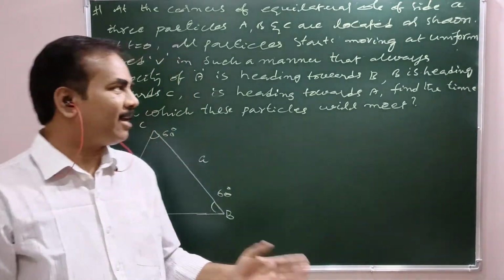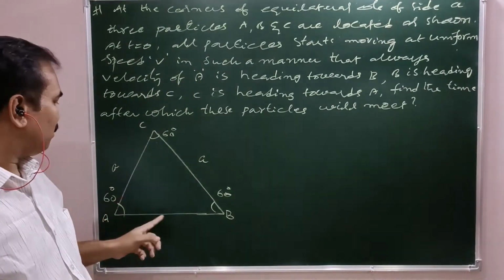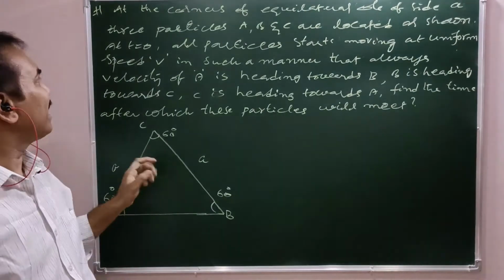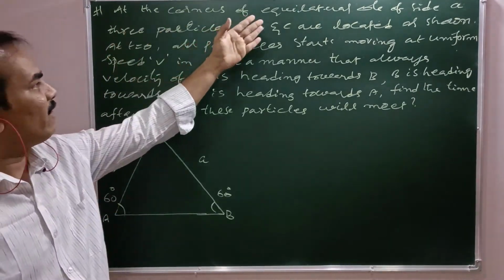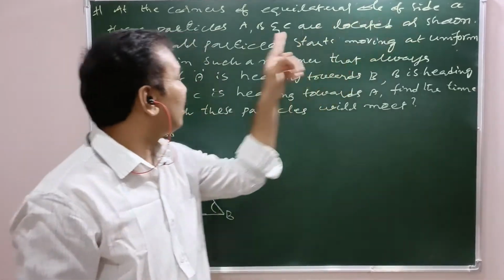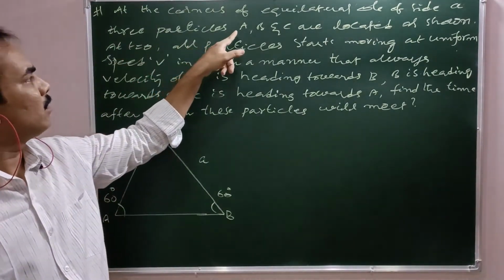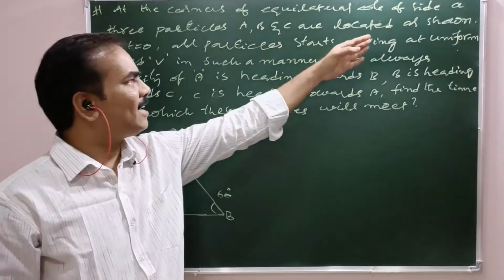Coming to the next numerical. Here we have an equilateral triangle of side A. At the corners of the equilateral triangle, three particles, say A, B and C, are located as shown.